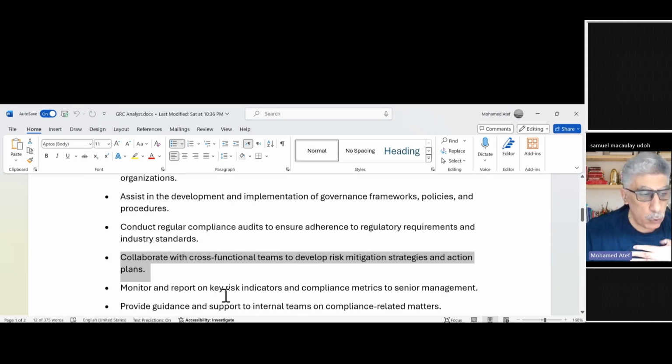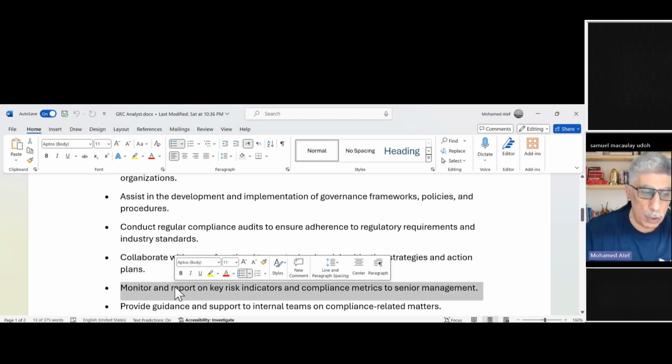You will also have to monitor the risk. So you don't just do the risk assessment, but you are also responsible to monitor the risk. You will know how to create KPIs to measure the effectiveness of the control. So monitoring also is part of our responsibility.